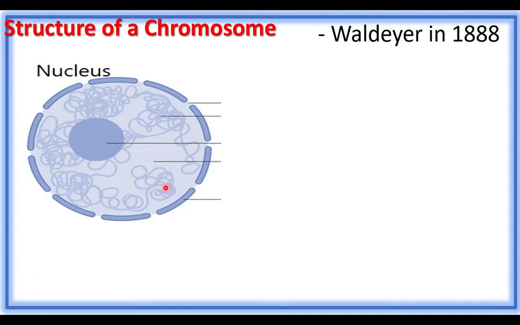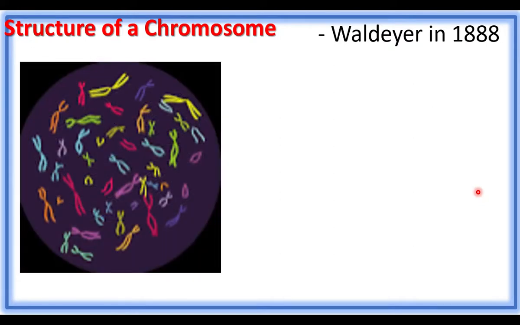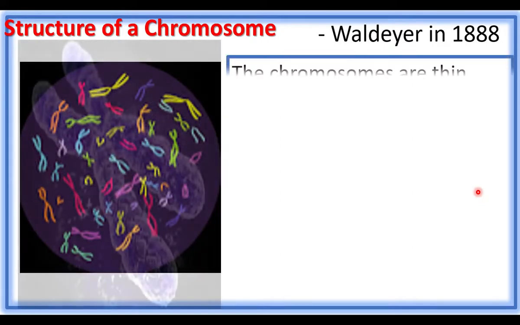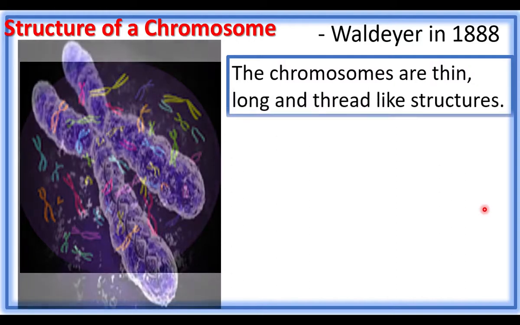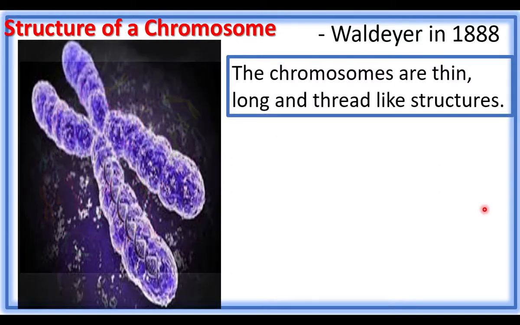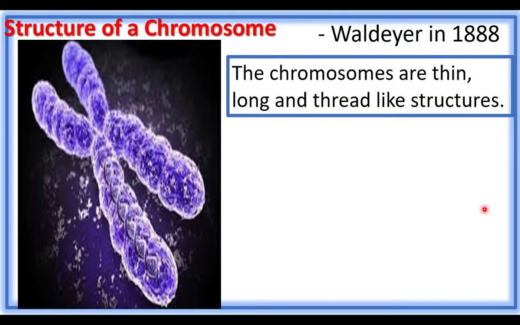During cell division, the chromatin thread becomes chromosomes. At that time, the chromosomes appear as long thread-like structures.